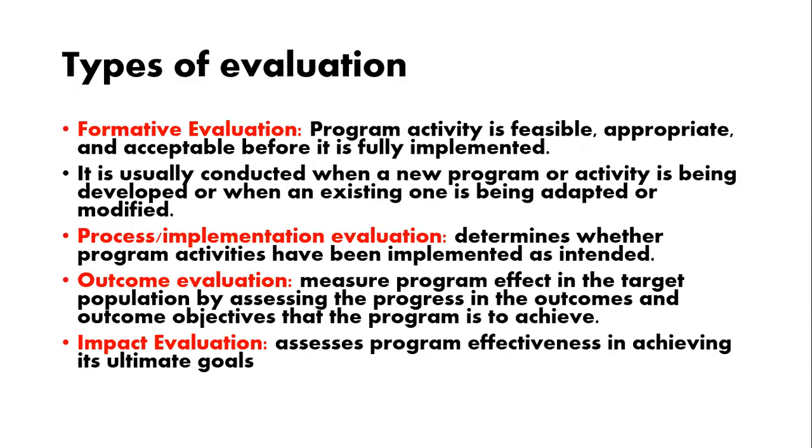And formative is before the project, they check it is appropriate. Process evaluation is at the time of implementation, they check that it is happening as planned. In outcome evaluation, they check the outcome, and in impact evaluation, in the long run, they check whether the impact has come or not.